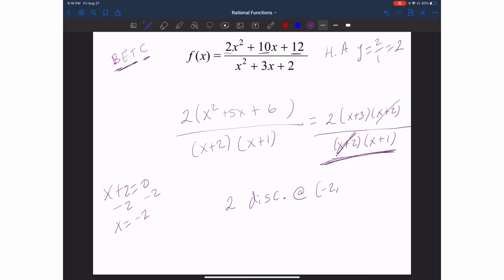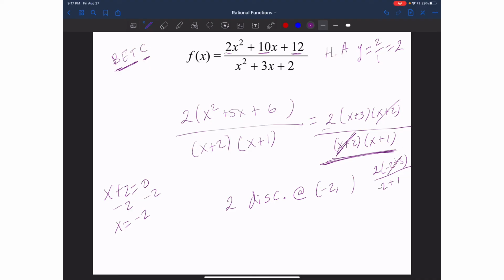meaning that's going to be my x value. And then again, I'm going to plug in that negative 2 into here. Don't forget your 2, and then into here to figure out what the y value would be, to see where I would need to put the ordered pair to fill in the hole to remove the discontinuity if I wanted to. So again, I have a 2 here, negative 2 plus 3 over negative 2 plus 1.